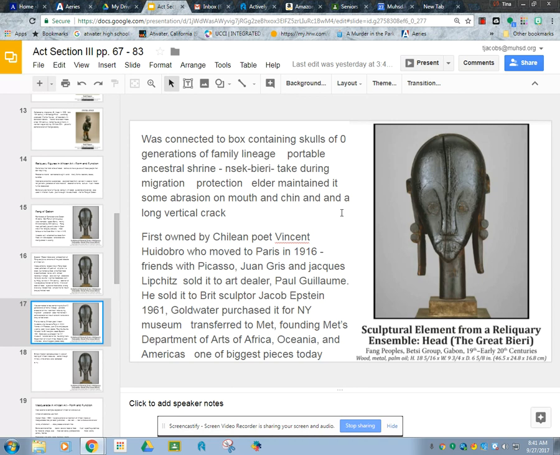Guillaume then sold it to a British sculptor, Jacob Epstein, and in 1961, Goldwater purchased it for the New York Museum. It was transferred to the Met, and this piece was one of the pieces that helped create the Arts of Africa, Oceania, and Americas, and it is one of its most important pieces in that collection today.